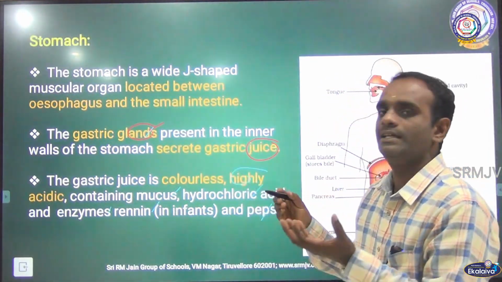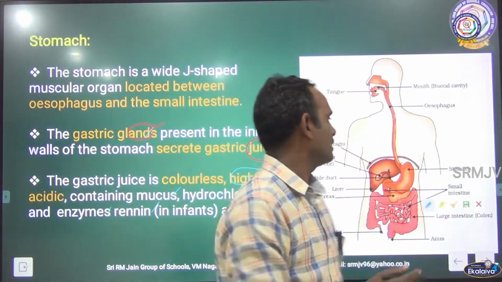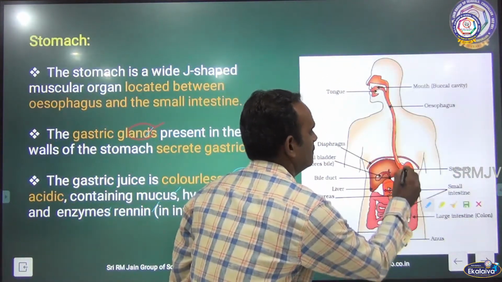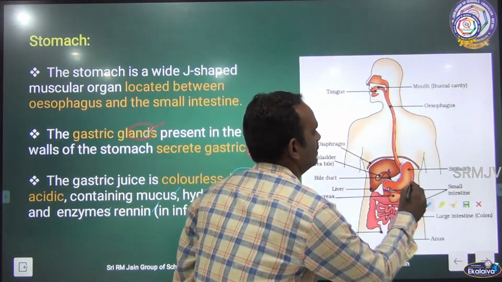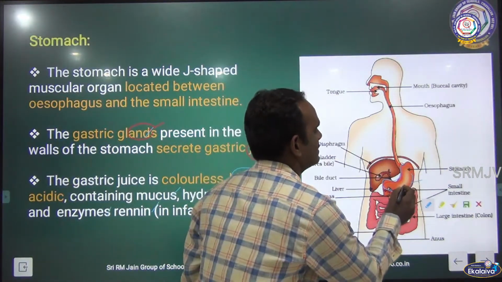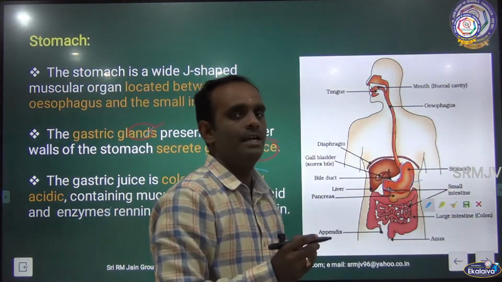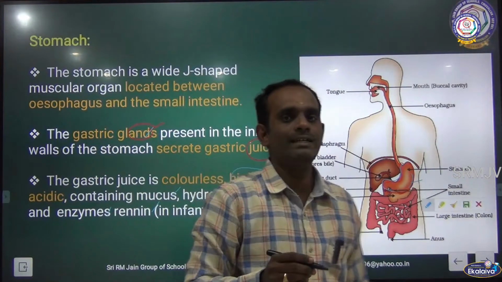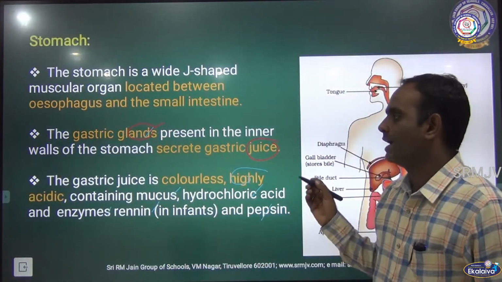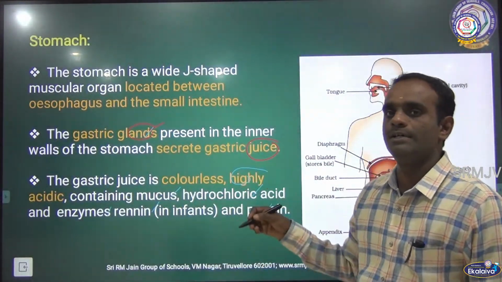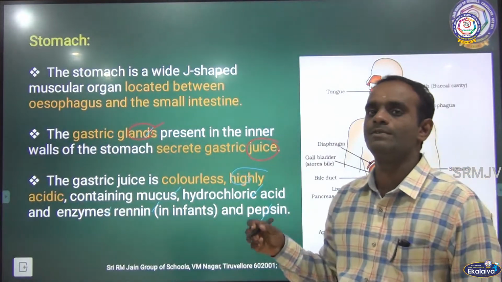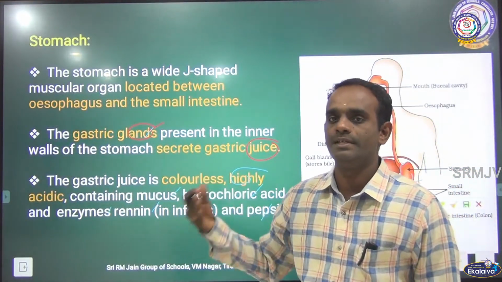Gastric glands secrete gastric juice. Gastric glands are present in the inner walls of the stomach. See here, this inner wall of the stomach is called the gastric gland. This gastric gland secretes gastric juice. It is colorless, highly acidic, and mainly contains mucus, HCl, and enzymes called renin and pepsin. Clear, children?